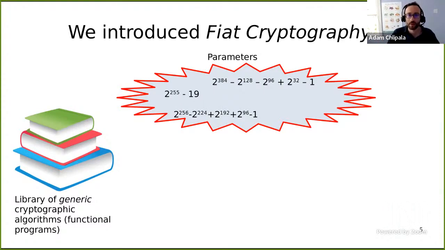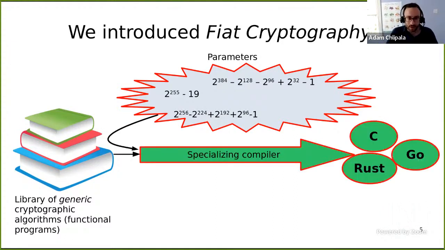These will be large prime numbers. I've shown 3 of the actual most popular ones in this little explosive bubble here. And then we have a specializing compiler that is able to create the, say, C code or Go code or Rust code that is free of the performance costs of explicit parameterization and looks pretty much like what the experts were already writing, but we produce it automatically.